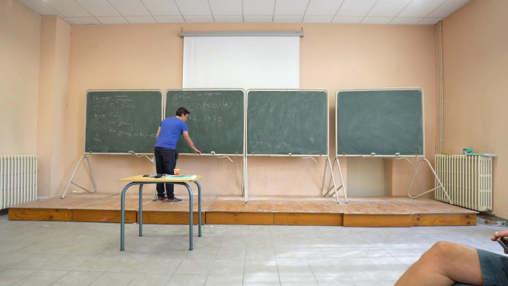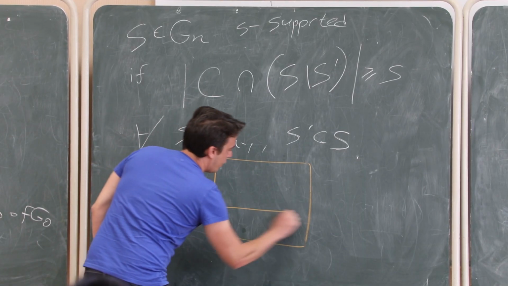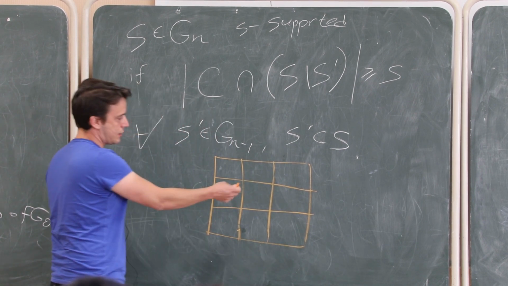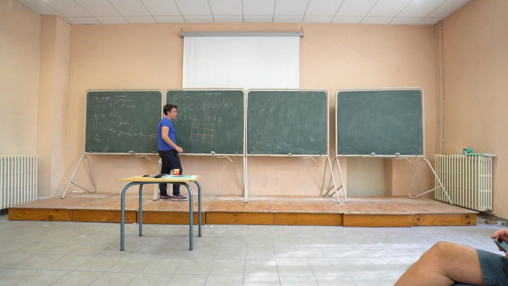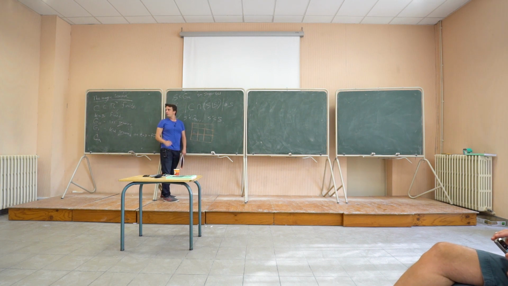And so the picture was this: we had some square. And we divided it, in this case k equals 3, right? And this is S-supported if I have S points here and S points here. This is one configuration, right? But perhaps I'm spreading it a little bit differently.